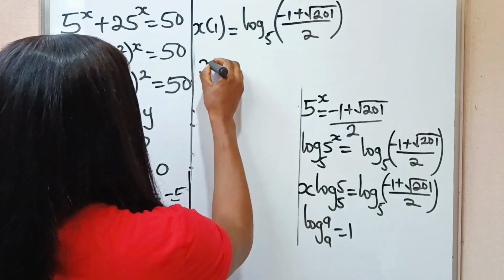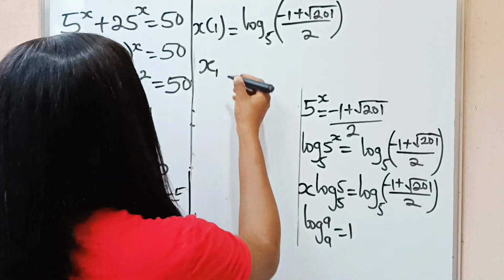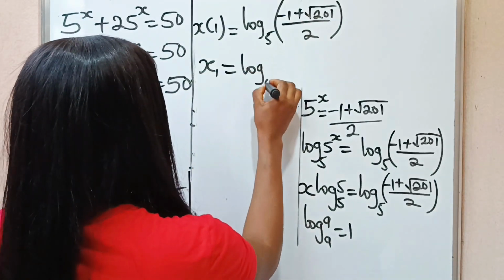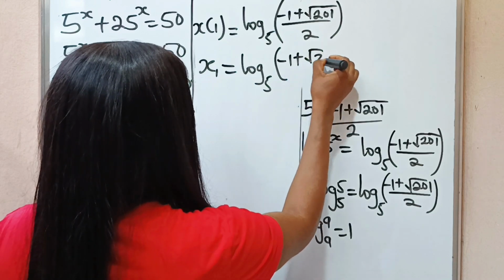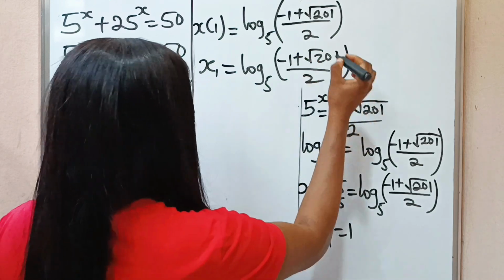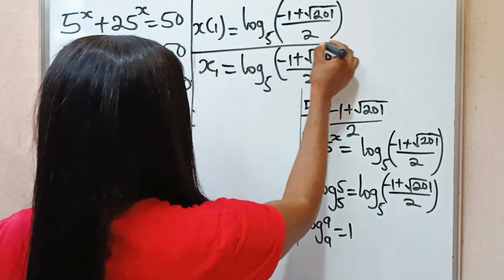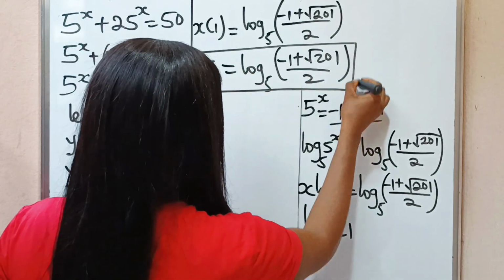So that simply means that the first value of our x is equal to log to base 5 of minus 1 plus root 201 divided by 2. Now that is it for the first value of our x.